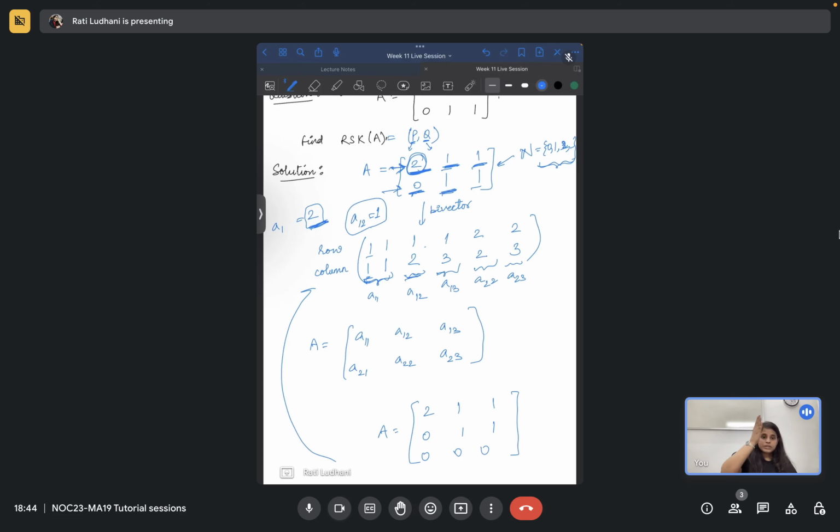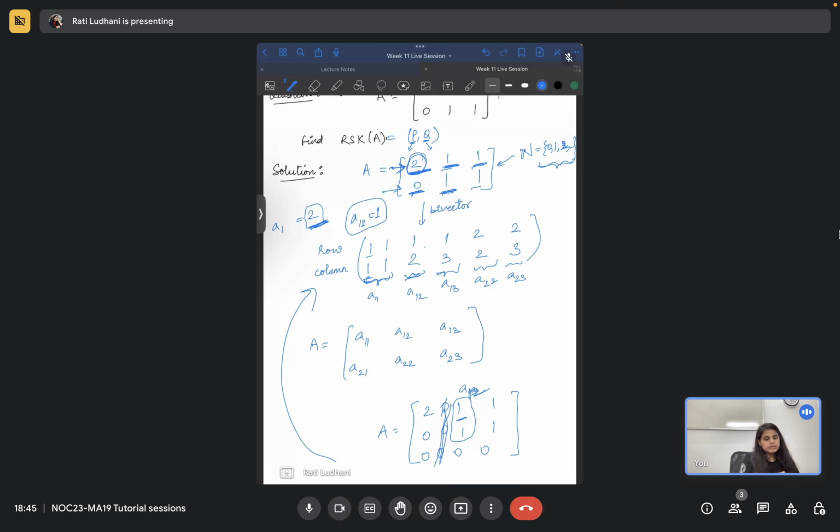But if it comes in between, then it will get recorded, because you know that this entry will be 3 1. So this entry will be A13. If this were not in here, then it would be A12, right? So that will be considered if you have any zero row or zero column in between. In between means that after it there is some non-zero entry in the next row or next column, then it is okay.